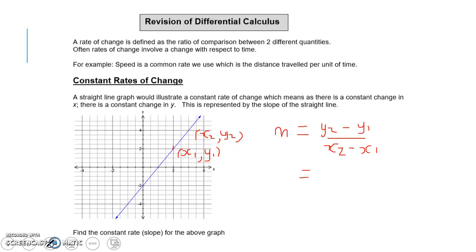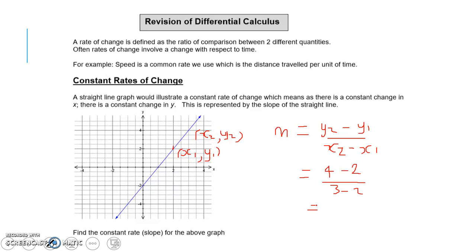So our y2 is 4, so it'll be 4, take our y1, which is here, which is 2, and we're going to have our x2, which is 3, and our x1 is 2, so it'll be 3 take 2.